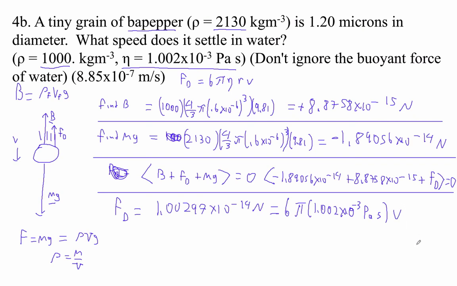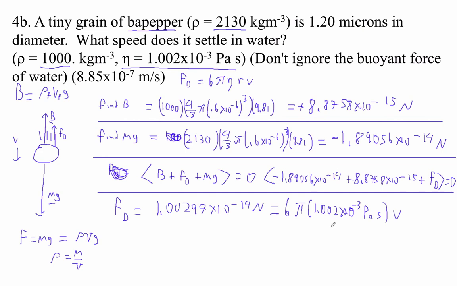Ooh, we are almost there. So I'm going to take this number that's on my calculator, divide by 6, divide by pi, divide by 1.002 e minus 3, and I'll get V. God, I hope this is right.